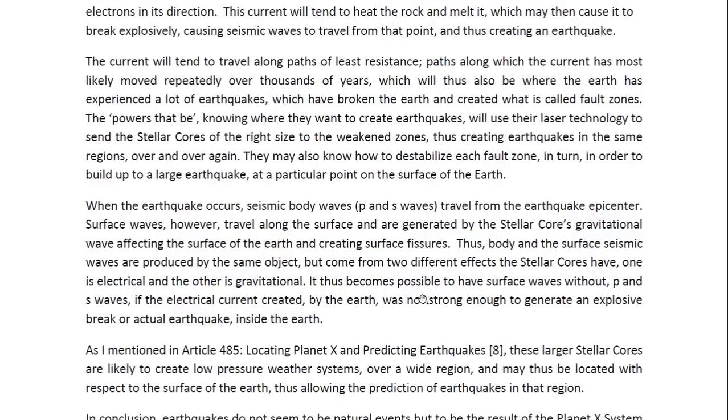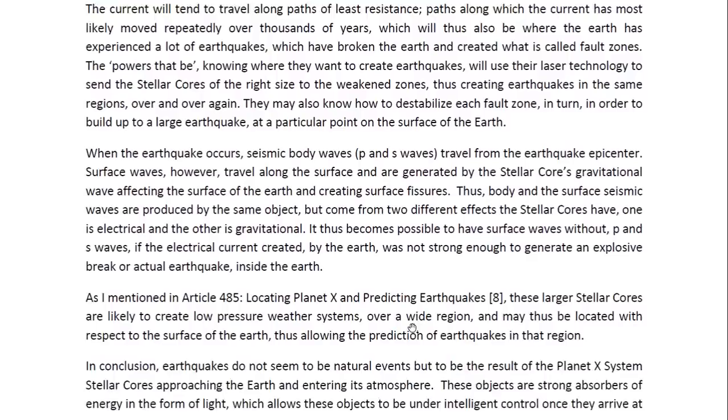Thus, body and surface seismic waves are produced by the same object, but come from two different effects the stellar cores have. One is electrical and the other is gravitational. It thus becomes possible to have surface waves without P and S waves if the electrical current created by the Earth was not strong enough to generate an explosive break or actual earthquake inside the Earth.